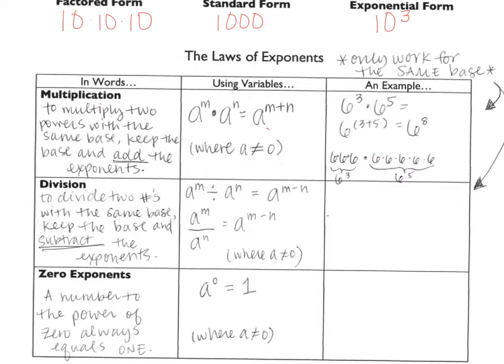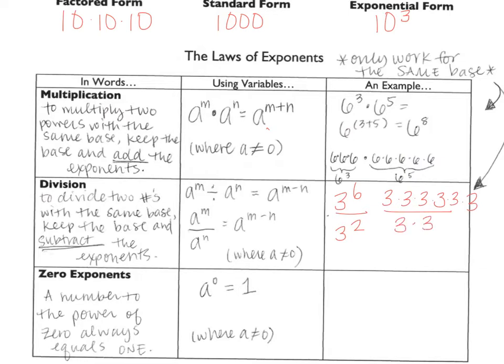An example of that might be if you had, let's say, 3 to the 6th power divided by 3 to the second power.